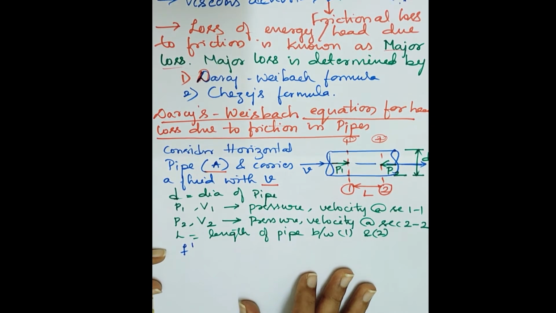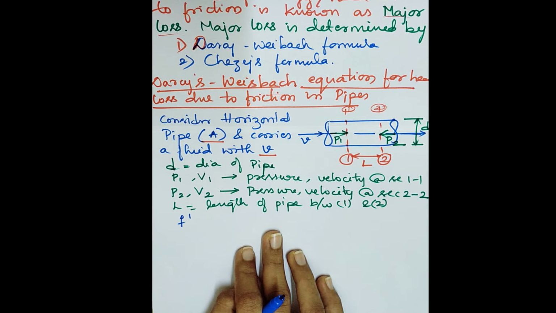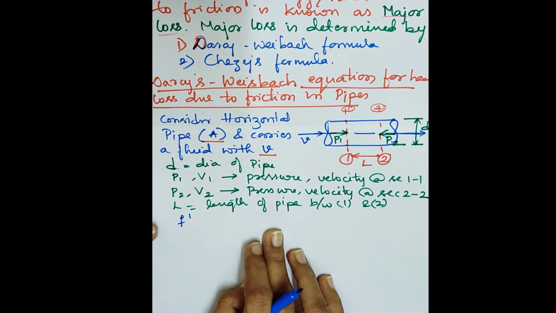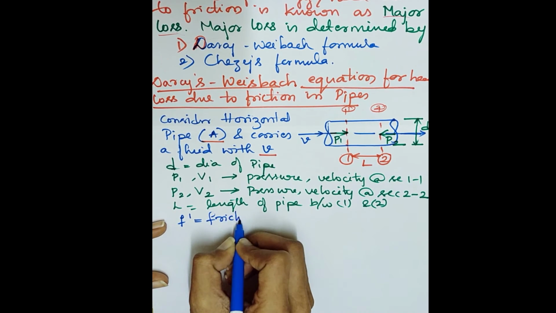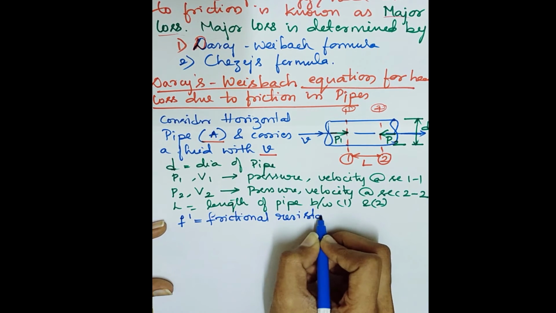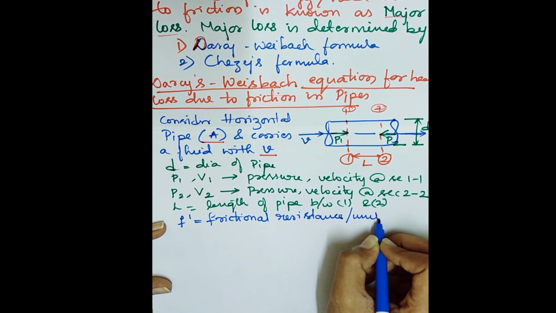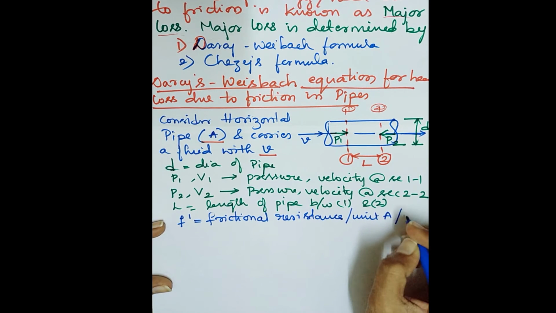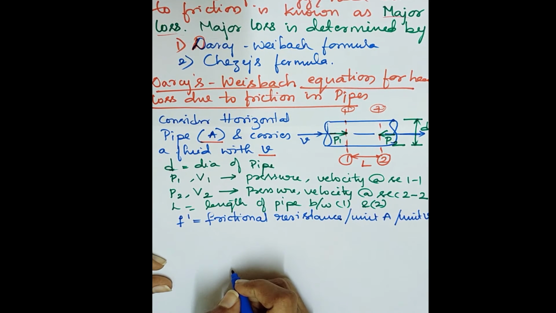F dash is the frictional resistance per unit area per unit velocity.